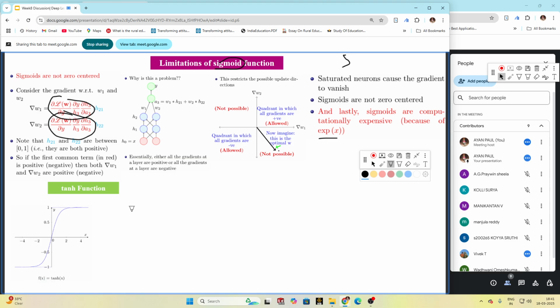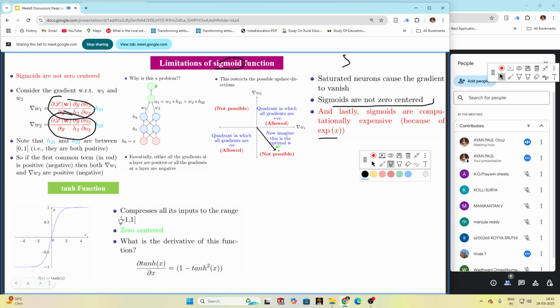So this tanh function solves one of the limitations of the sigmoid function: it is zero centered. Now the range is between -1 and +1. As the range is from -1 to +1, that means it is zero centered. So this is an advantage of the tanh function. The other two problems it cannot solve.